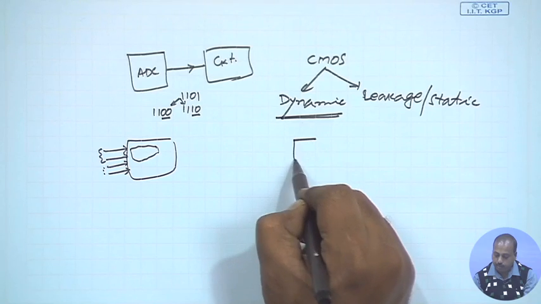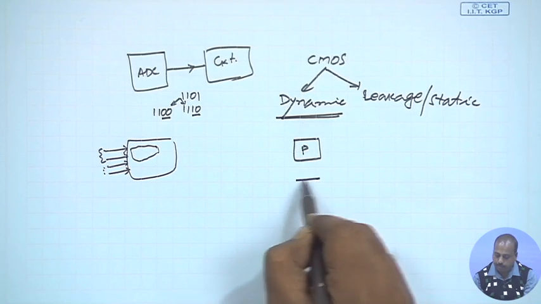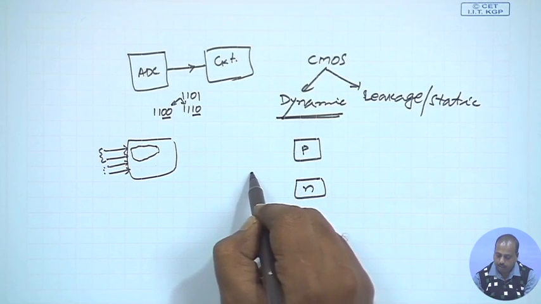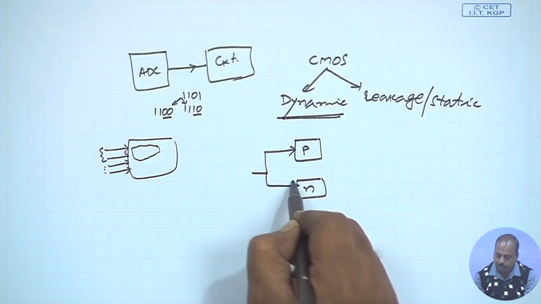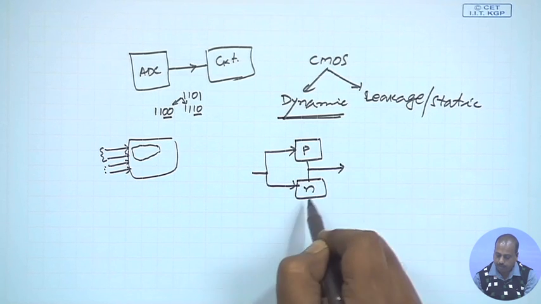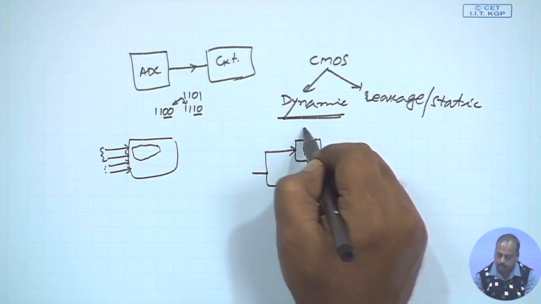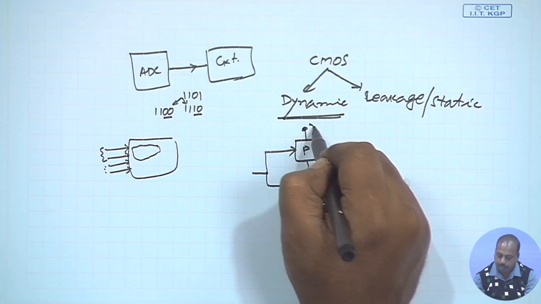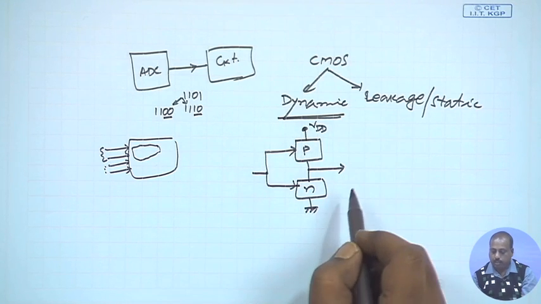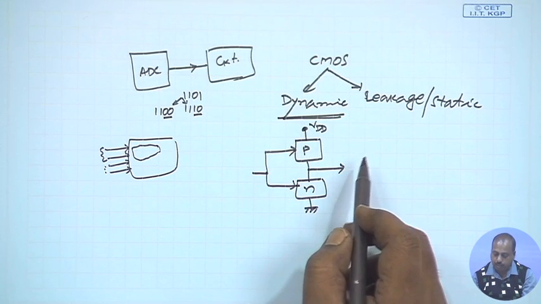This dynamic power consumption comes when the output switches. Any CMOS circuit can be considered as a P network and an N network. The input is fed to both of them, and the output is taken from the middle. The N network is grounded, and this is the VDD supply. This is the static CMOS type of design.